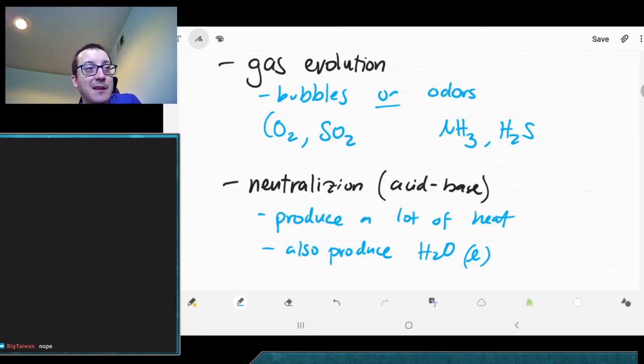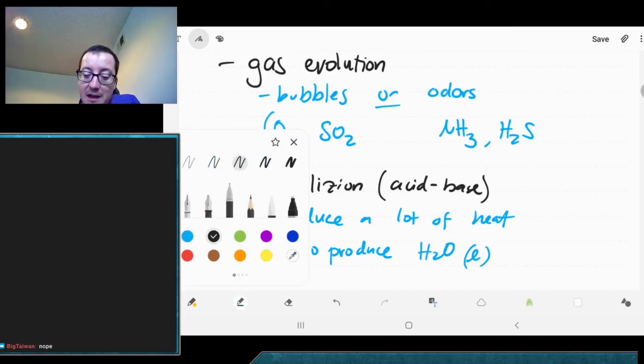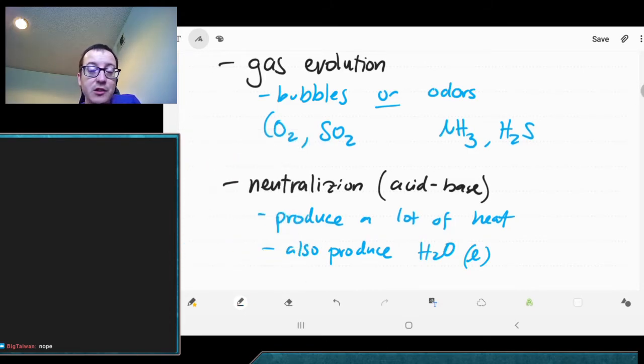So if you were to mix an acid and a base together, typically you get a lot of heat out, so things heat up very quickly, and you'll also produce a little bit of liquid water, so that may change your volume a little bit. So that's another example of evidence. You'll see a temperature change associated with a reaction.